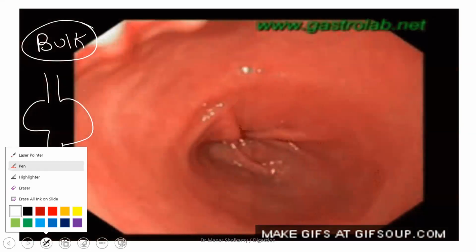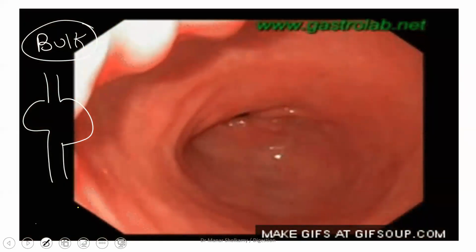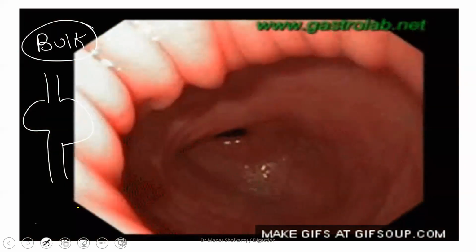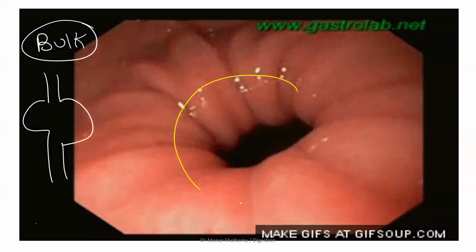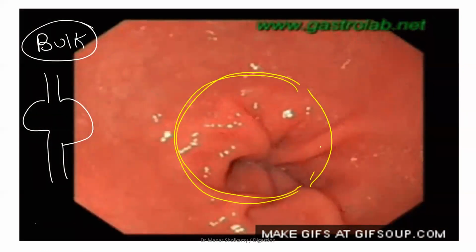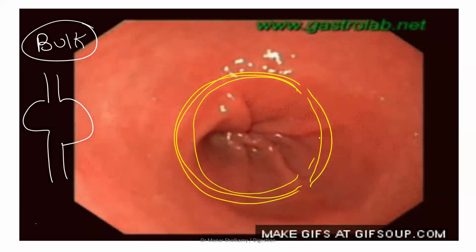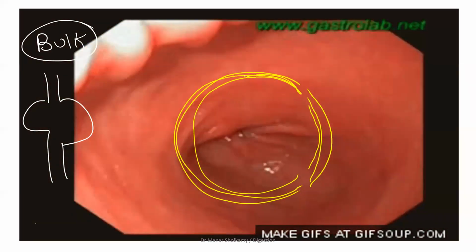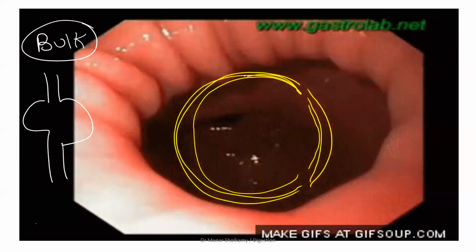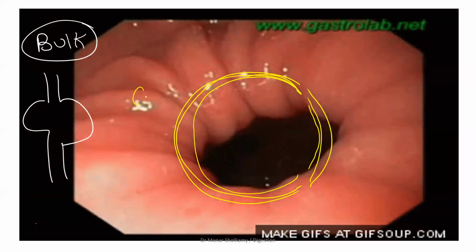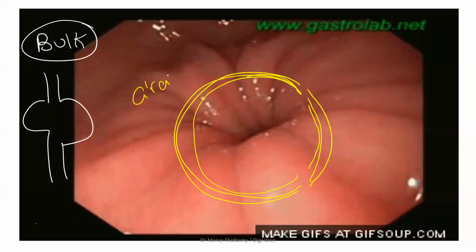Now for year 10, you need to take a little bit more information. Just the names of two muscles that are found in your digestive system. You have here muscles that are circular, as you can see. And can you guess what is the name of this muscle that is circular in shape? They're called circular muscles.